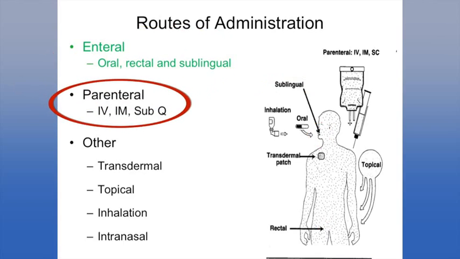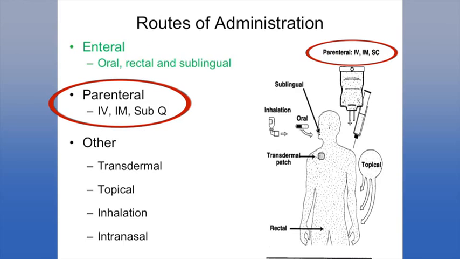Parenteral, on the other hand, is shown over here. And this includes giving drugs intravenously, shortened as IV, intramuscularly, shortened as IM, or subcutaneously, just underneath the skin, referred to as sub-Q.